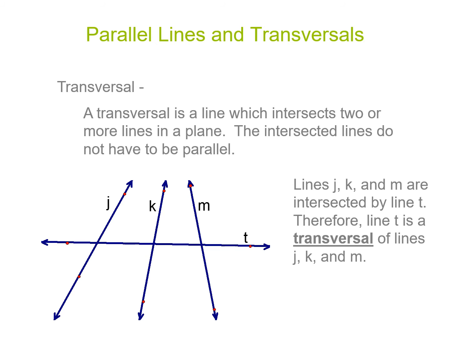So here, given that we have line J, line K, and line M, wherein the line T intersects the three given lines J, K, and M, therefore T is what you call in this figure the transversal line.